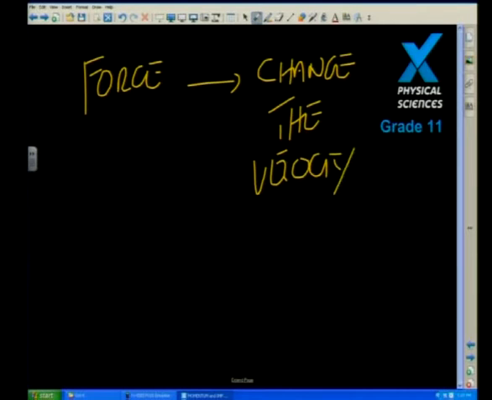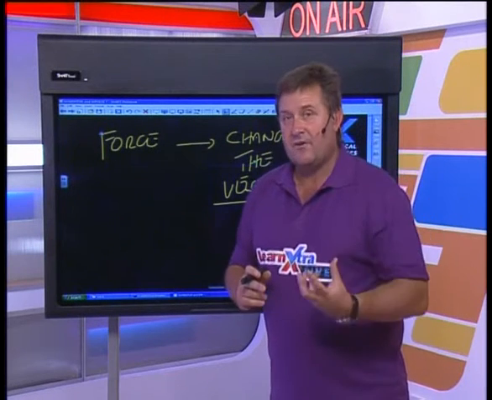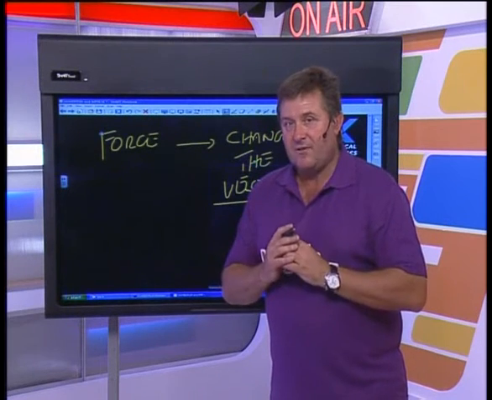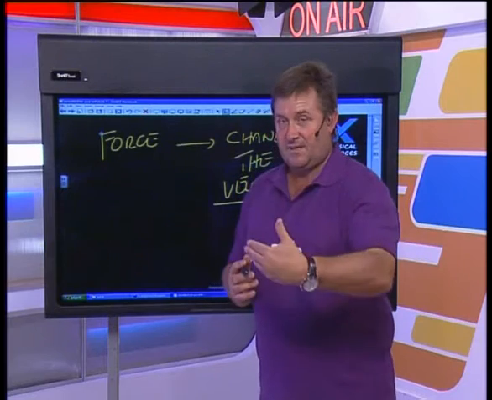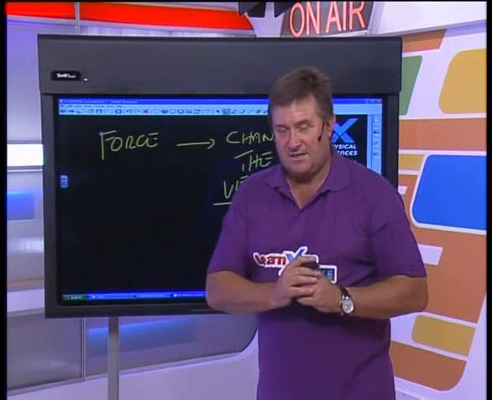If you remember all the way back to your physics, especially your mechanics, a force that changes the velocity is going to produce an acceleration. A change in velocity always means that the object is accelerating. If my velocity gets bigger, then we've got a positive acceleration. If my velocity slows down, I've got a negative acceleration.